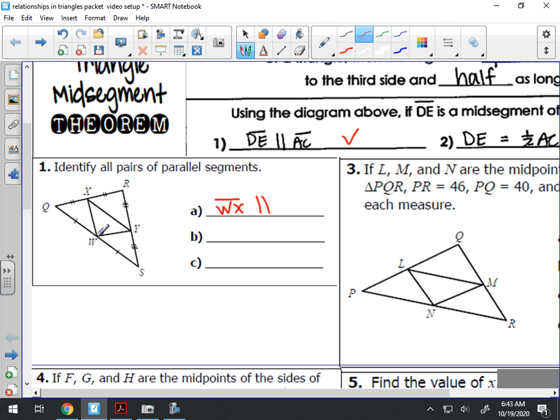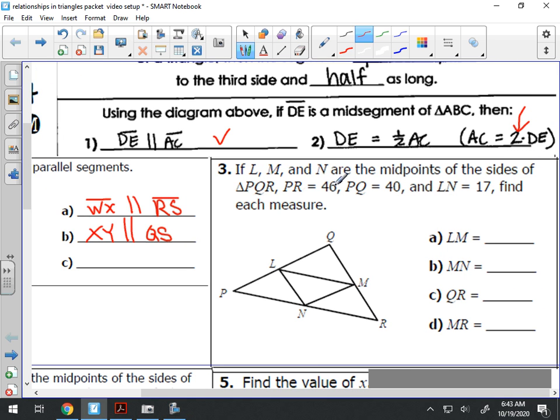So it touches this side, it touches this side, so it's parallel to RS. It's parallel to the side it doesn't touch. Okay, and I guess I'll do one more: XY is parallel to QS. Parallel to the side it doesn't touch.